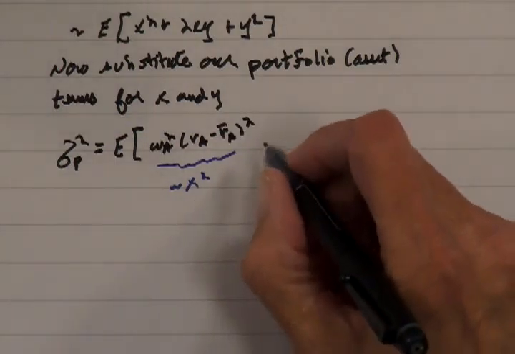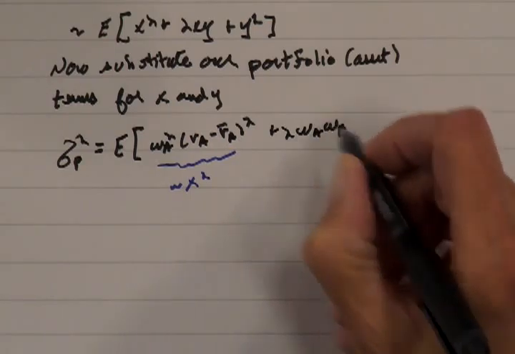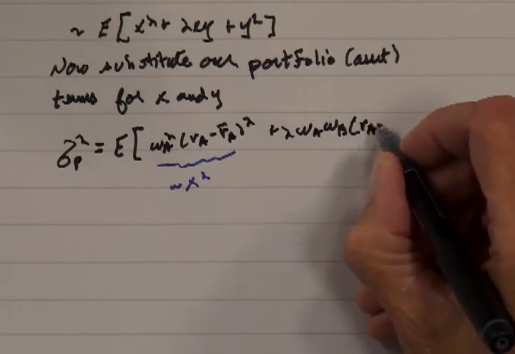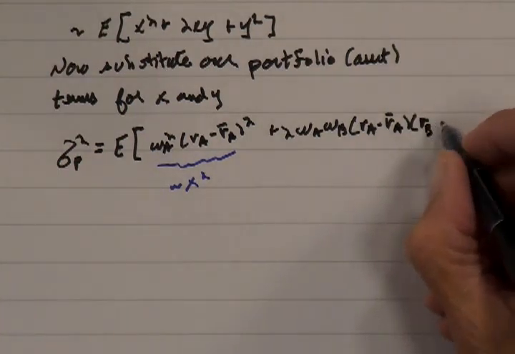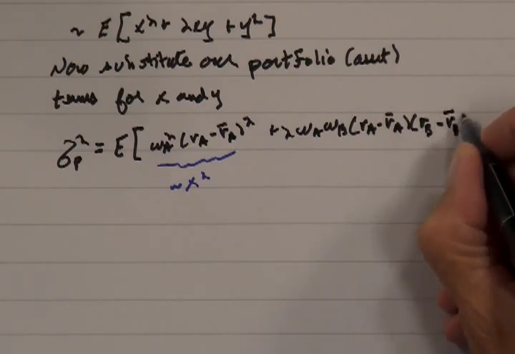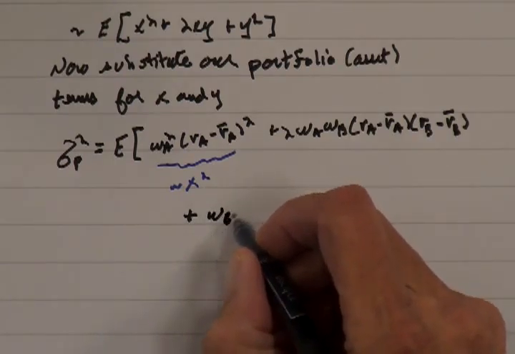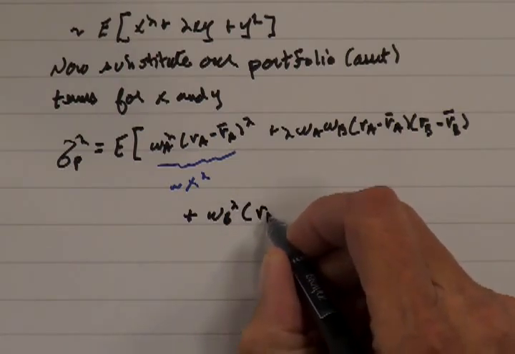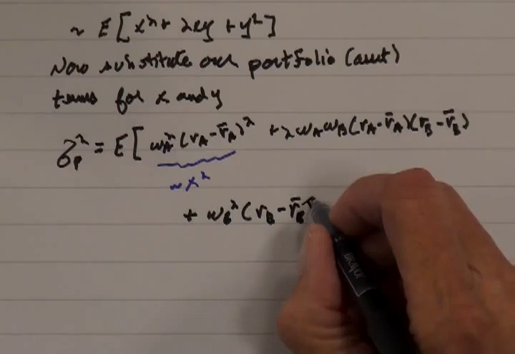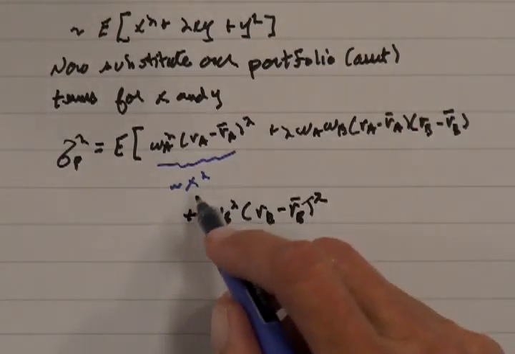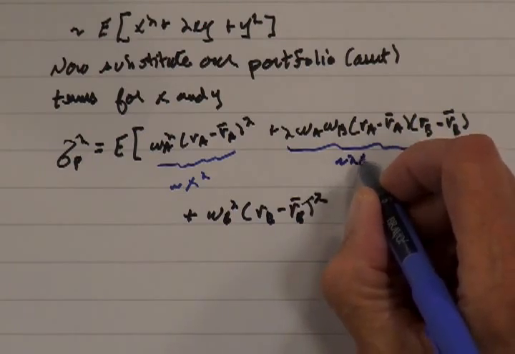And we have our 2XY term: plus 2 WA WB, RA minus R bar A times RB minus R bar B. Plus WB squared, RB minus R bar B squared.